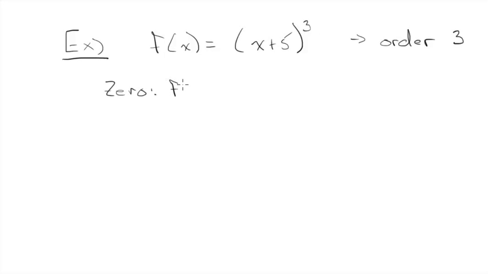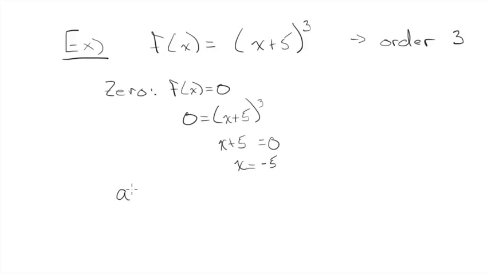So the zeros occur when f at x equals 0, meaning 0 equals x plus 5 all cubed, which means x plus 5 equals 0, which means x equals -5. The end behavior, we have a positive, which means as x goes to infinity, f at x goes to infinity, and as x goes to -infinity, f at x also goes to -infinity.